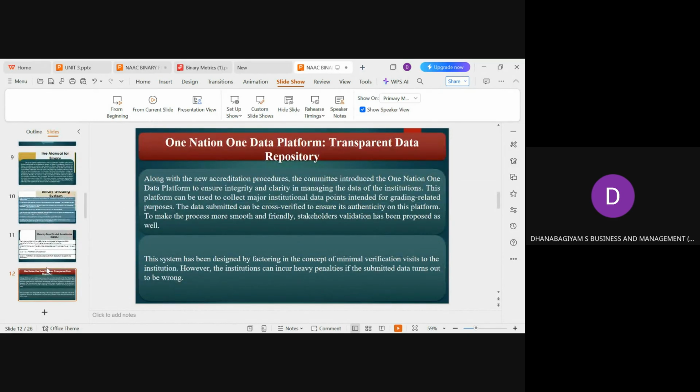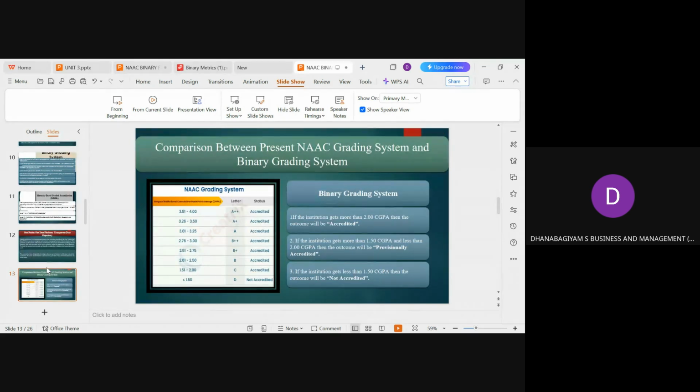And next, I am talking about the comparison between the earlier NAAC grading system and the binary grading system. Earlier, grades were awarded to institutions or universities based on score. If the score was 3.5 to 4, the institution was accredited as A++.